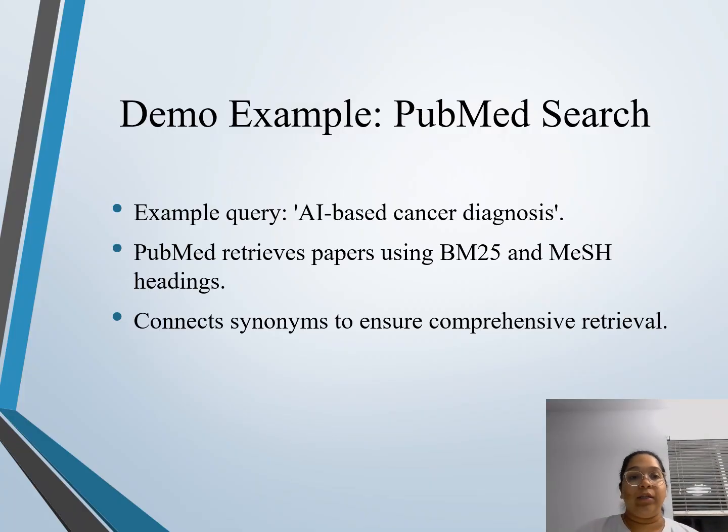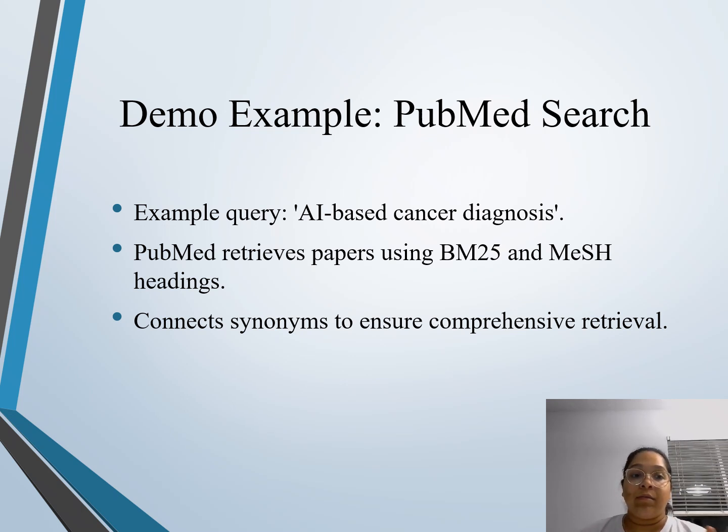Let's go to the demo. To demonstrate, let's look at a simple IR tool in healthcare, that is PubMed search. Suppose I want to search AI-based cancer diagnosis. I open PubMed and type the phrase. The system retrieves thousands of results, each ranked by relevance, publication date, and citation counts.